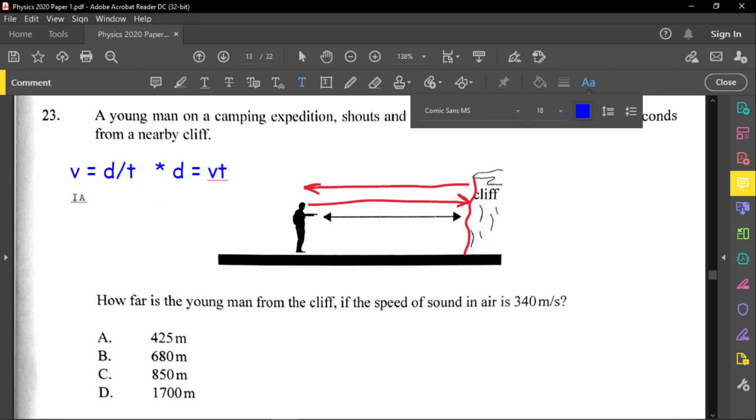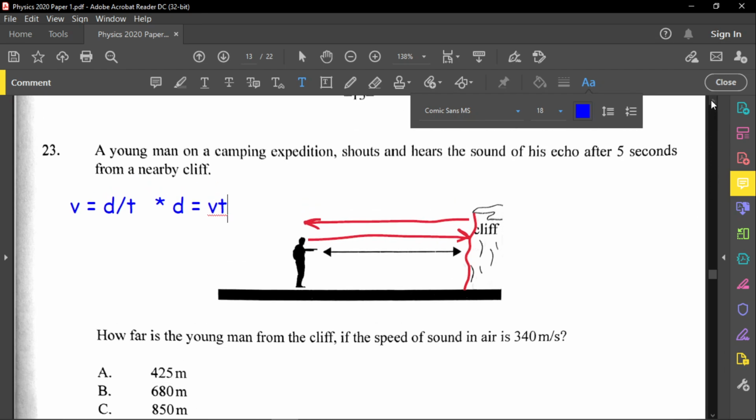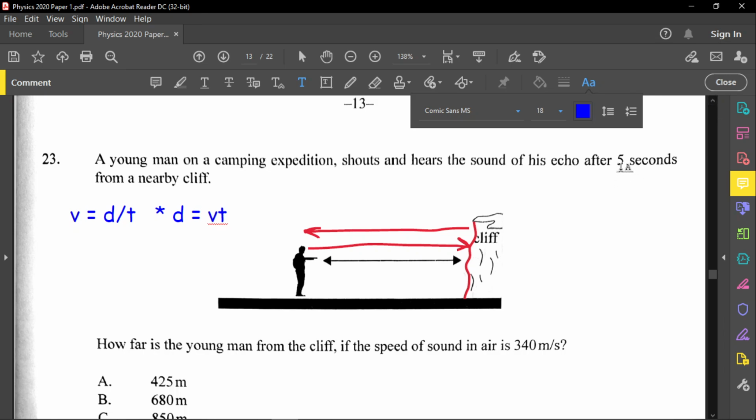Now, once we establish this, we already have the speed right here and we have the time. Let's go back to the time. The time is 5 seconds, so the 5 seconds is what it took to hear the echo. The speed of sound here is 340 meters per second. So let's calculate the distance now.